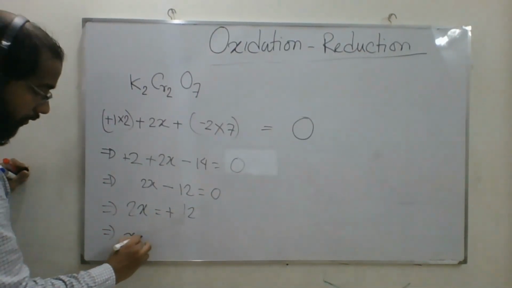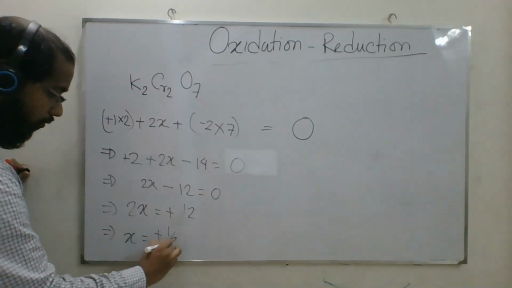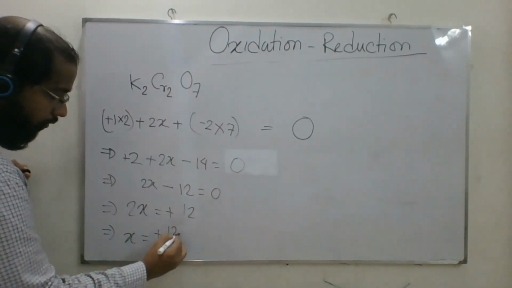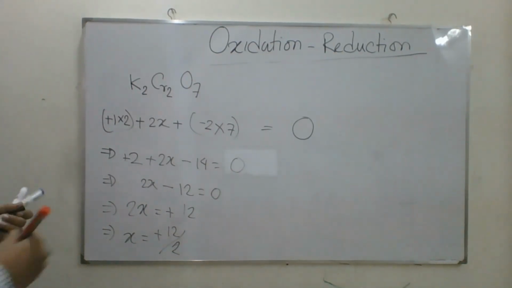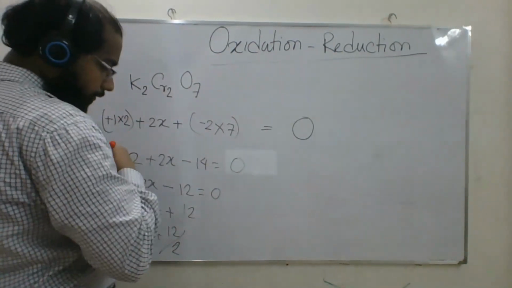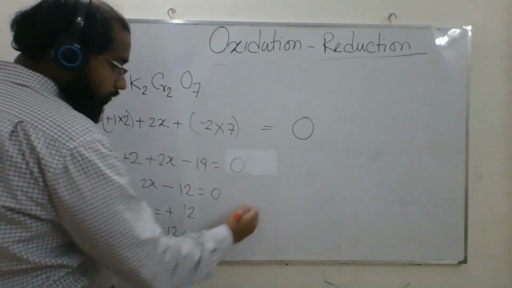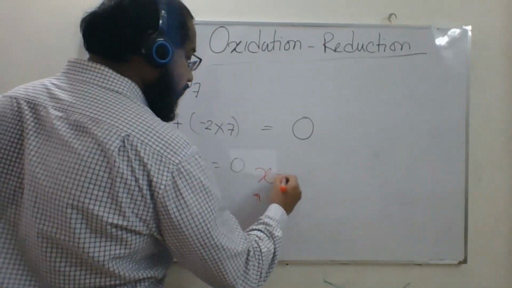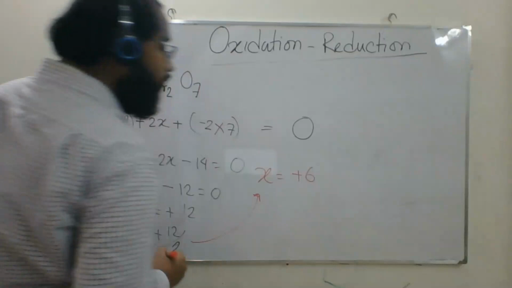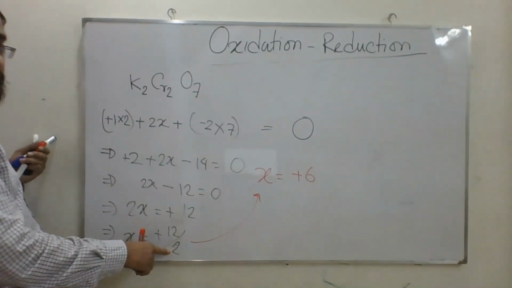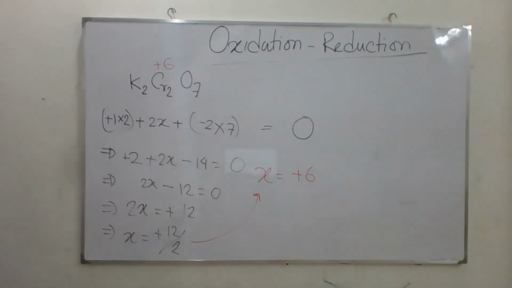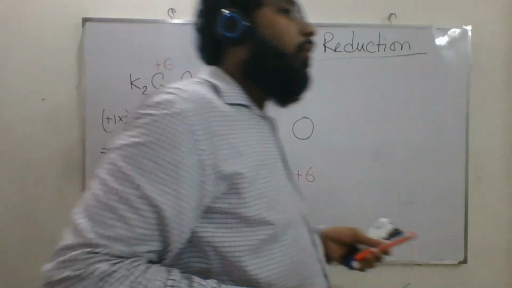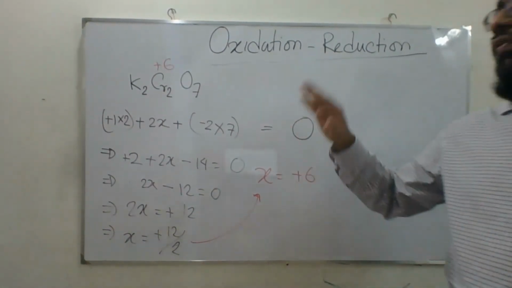Therefore x equals 12 divided by 2, which will be +6. So the oxidation number of chromium will be +6. Okay, so in this way we can determine the oxidation number in any compound.